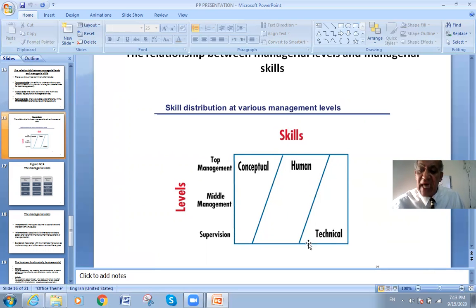The technical is how the machine is working. So I expect the lower level of management to have more technical skills. How about human skills? You can see from this graph that human skill is equal for all three levels of management. All of us must say the truth, be honest, not tell lies, and be good and kind to other people in any interaction with them.